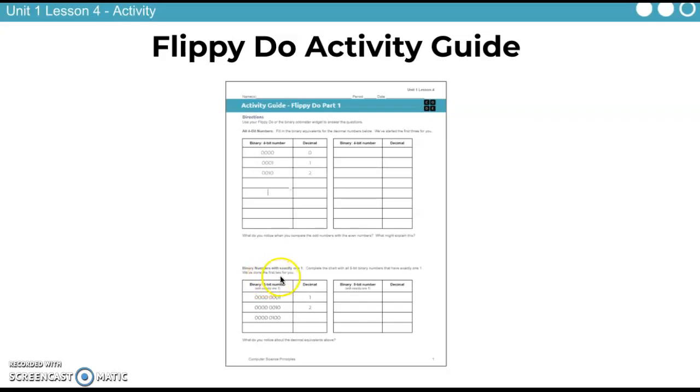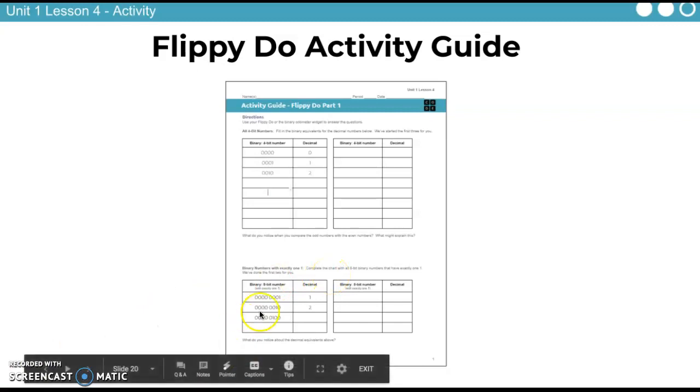We've done the first one for you. So what this is asking you to do, if you notice, the 1 here is all the way to the right, and then it moves 1 more place value to the left, and now it's 2 place values to the left, and it's just going to keep moving its way all the way to the left, and you're just going to write binary numbers that have 1, 1 in them.